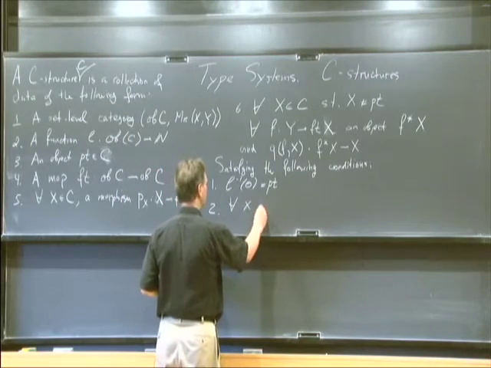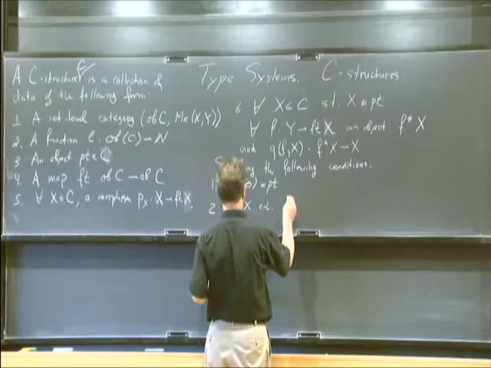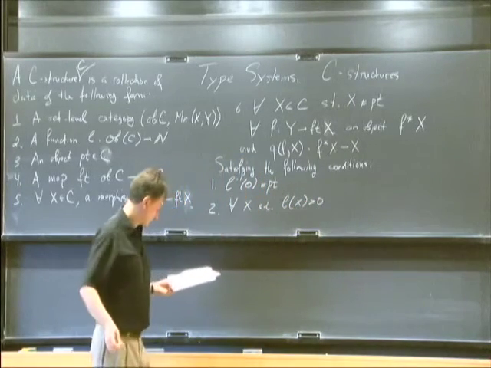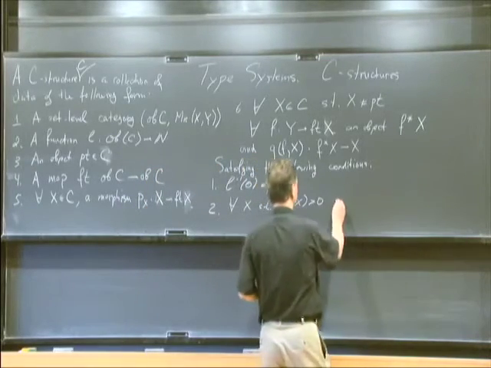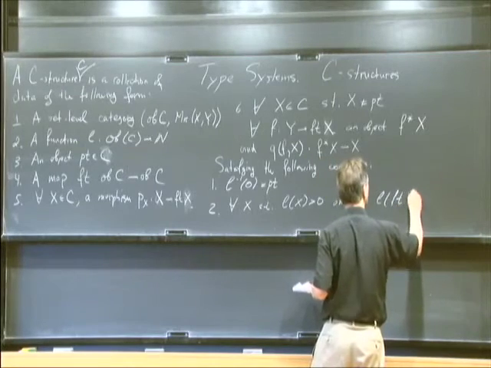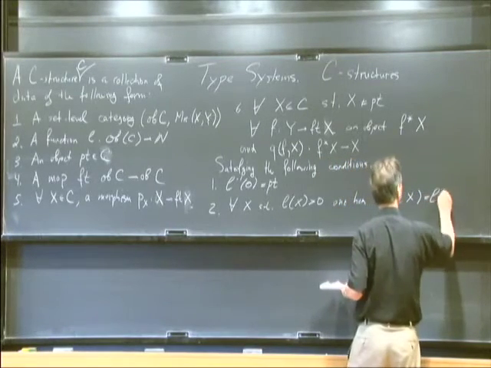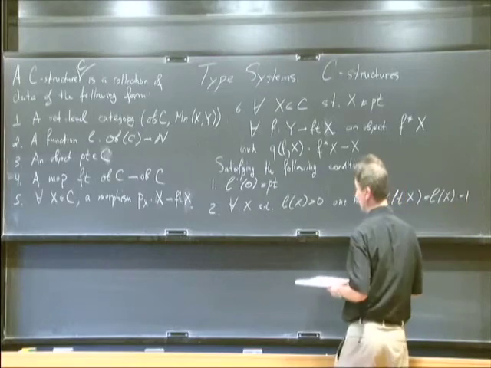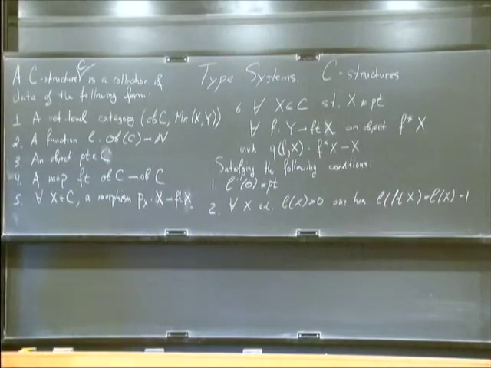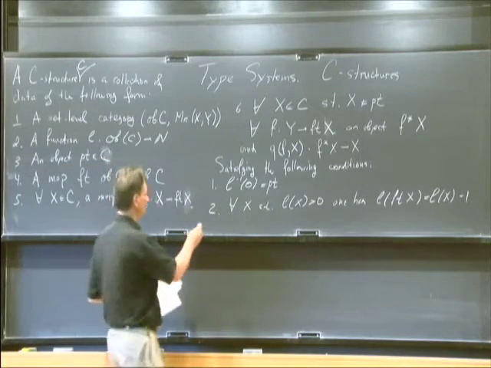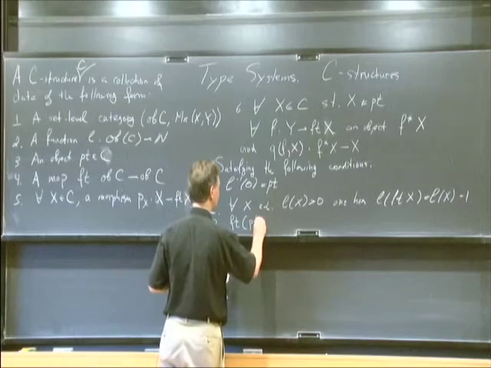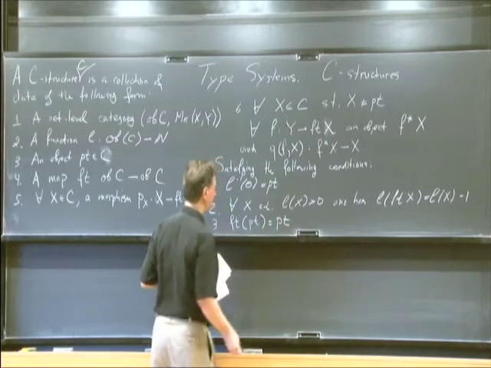Yes, we'll have the square soon, and then it will be clearer. For every X such that L of X is greater than 0, or equivalently X is not equal to the point, one has L of the father of X is L of X minus 1. Father of the point equals point.